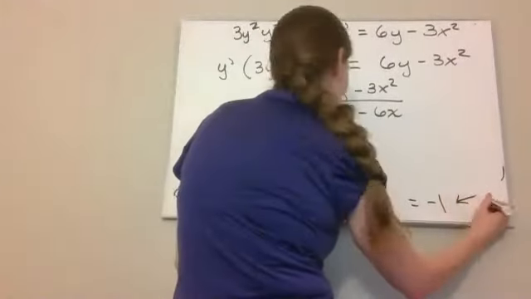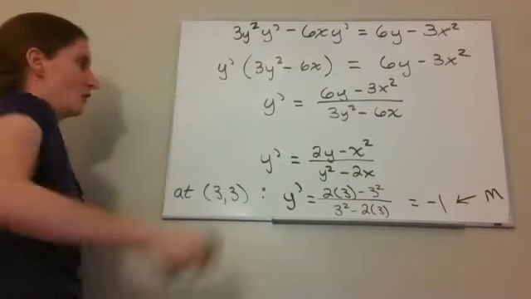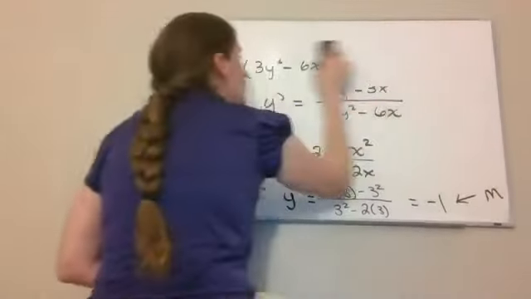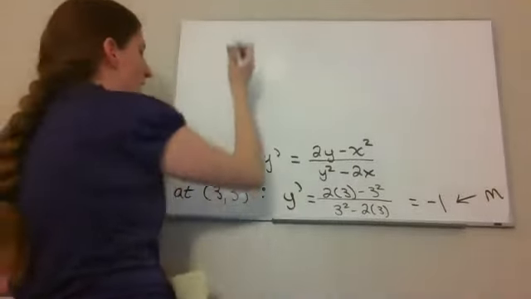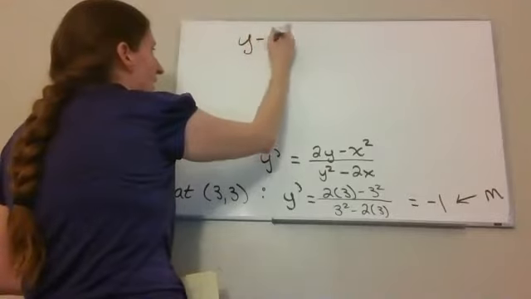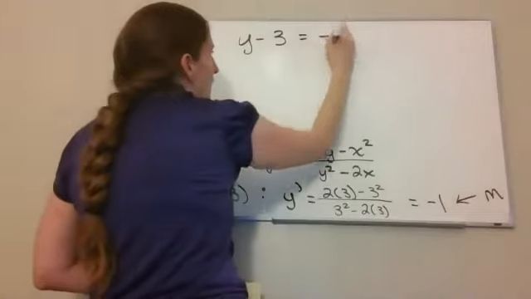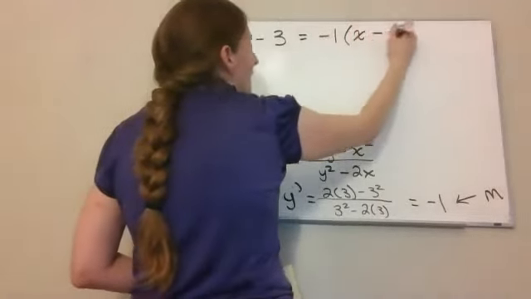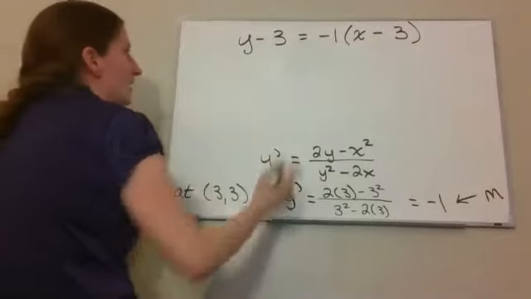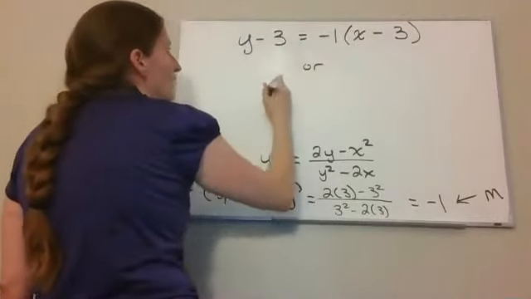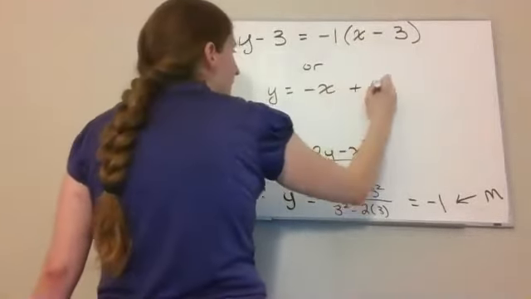This is my slope. So to write the entire equation of that tangent line, using my point slope form, I get y minus my y1, which is 3, equals my slope times x minus x1, which is also 3. Or if I put it into slope-intercept form, we get y equals negative x plus 6.